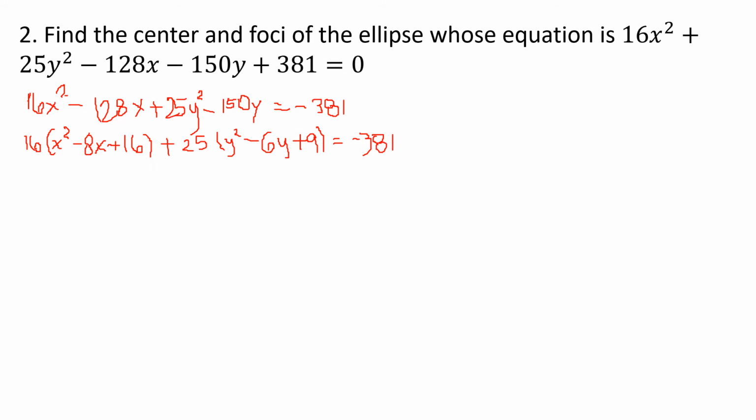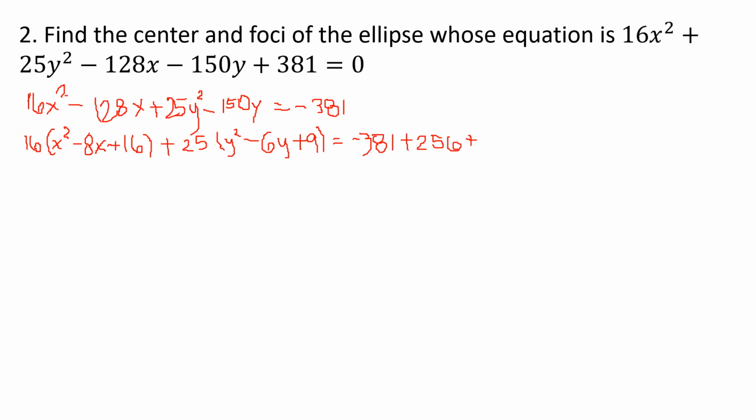So take note, I added 16 to the left side of the equation, and since 16 is inside the parentheses with the 16 outside, that is 16 times 16, which is 256. So plus 256. Plus, since I added 9, multiply it by 25.